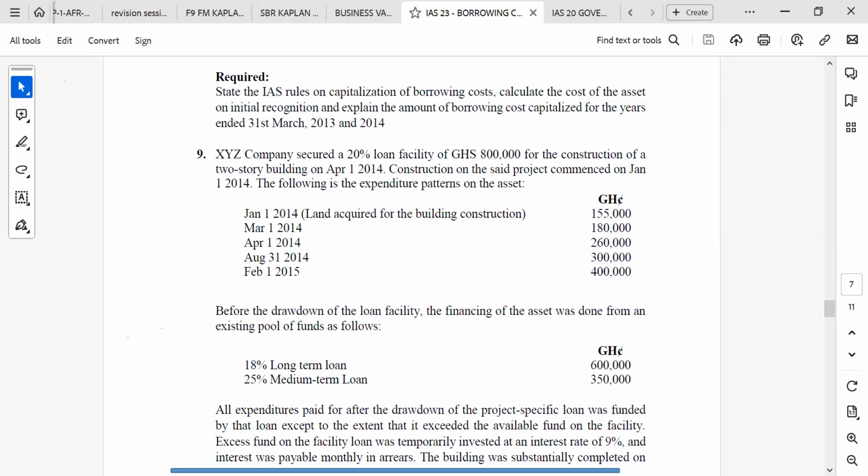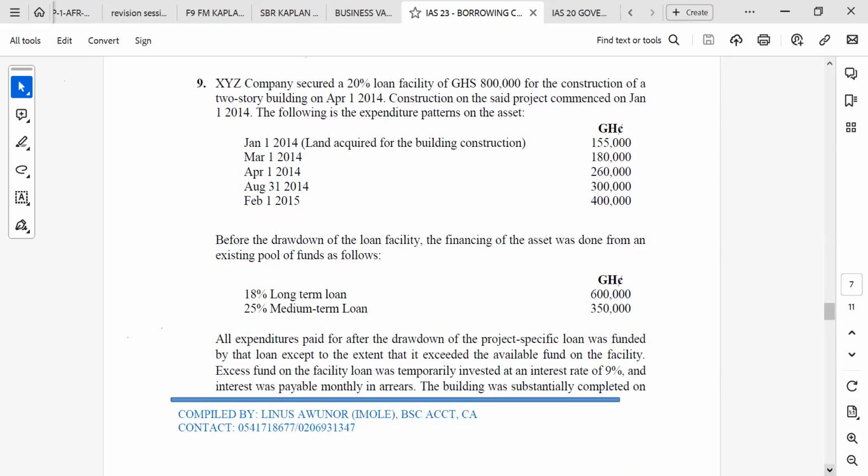March 2014 is an expense. April, against the works. Before the drawdown of the loan facility, financing of the asset was done from an existing pool of funds as follows: an 18% long-term loan of 600,000 and a 25% medium-term loan of 350,000.